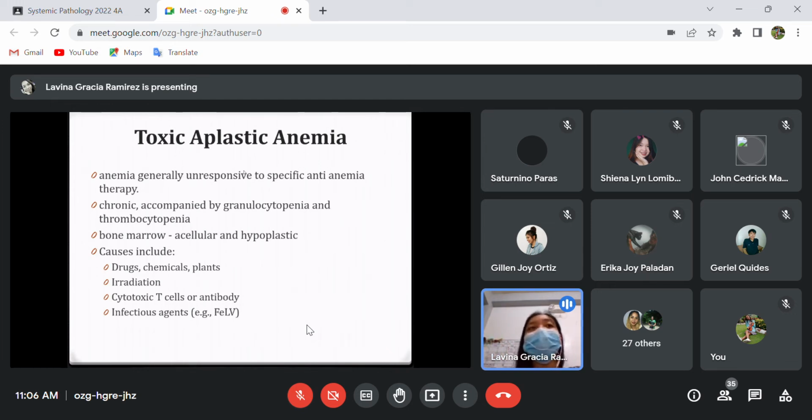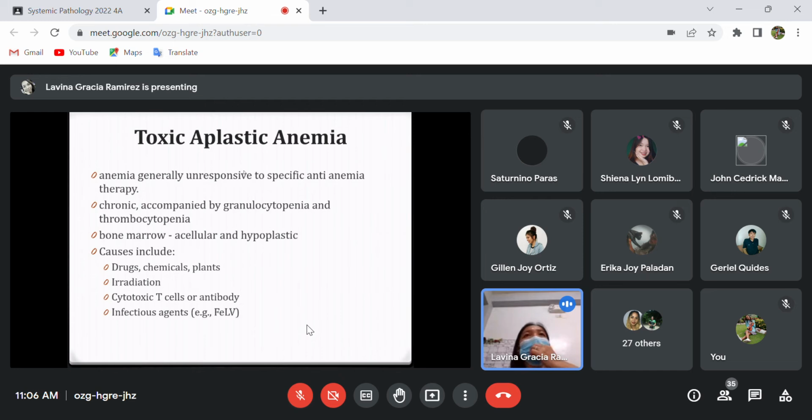Most of the time, the picture of toxic aplastic anemia may show you a cellular or hypoplastic bone marrow. The term a is for absence, and hypoplastic is it does not reach, or incomplete development. So possible, a cellular or hypoplastic bone marrow tissue.